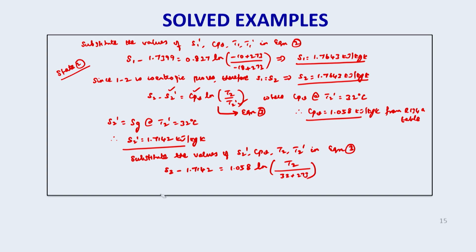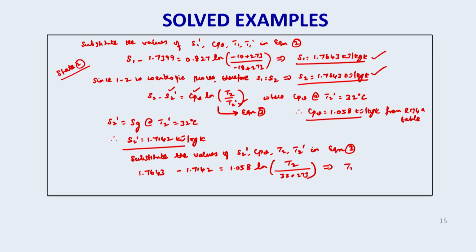Sorry, one small correction. S2 is nothing but S1, so we can substitute here. Sorry for the error. S2 is known, and the only unknown is T2. We'll substitute the value 1.7643.